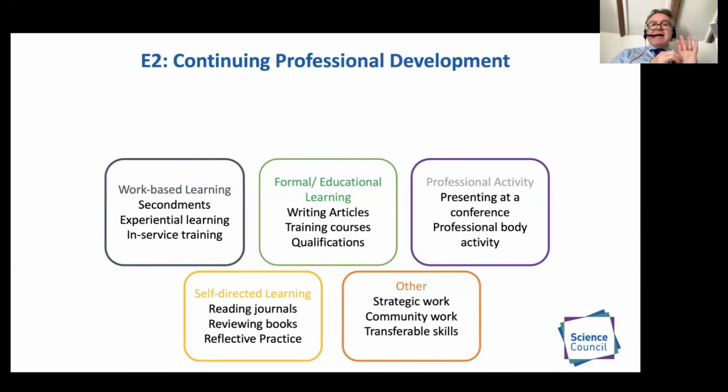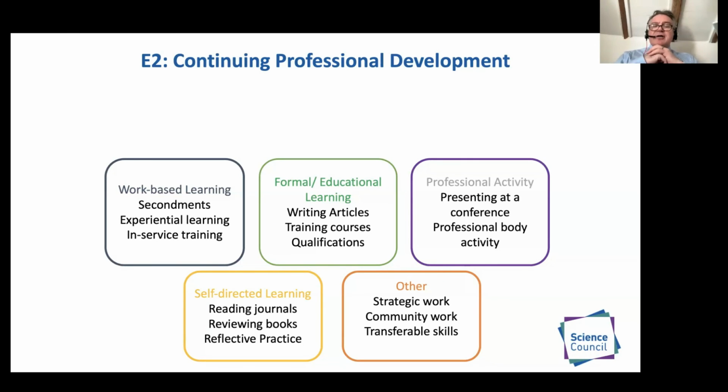Finally, the very last competency is E2. And you can really think about E2 as continuing professional development. What are you doing at the moment that facilitates practice in your job? And what will you do in the future, okay, that will enhance your job?